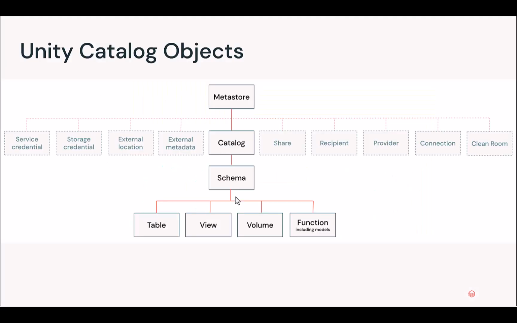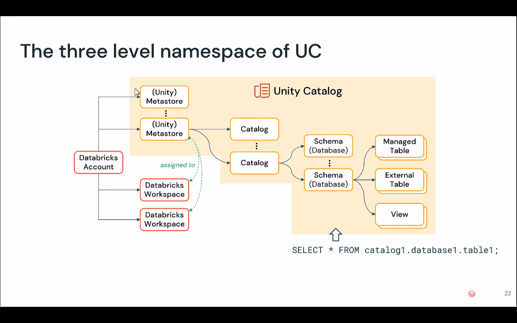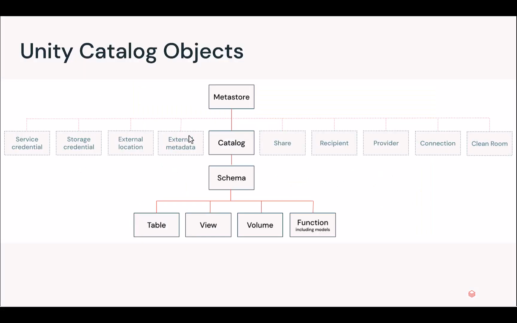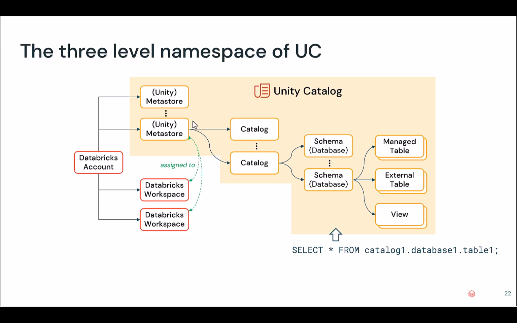So now looking at the objects, let's see how they work, right? So Unity Metastore, this one over here. First thing you do is you create a catalog. For example, for our programming assignment, create a PA1 catalog.